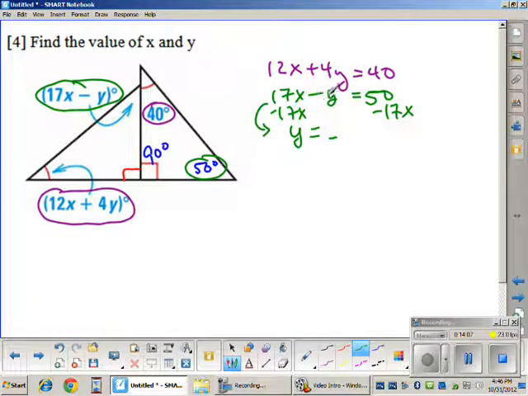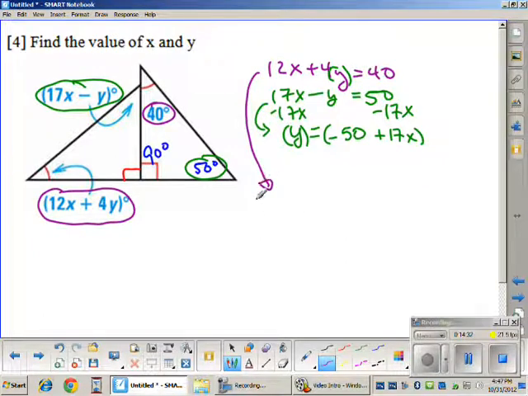If y and the expression -50 plus 17x are the same, hence the equal sign, that means I should be able to write this purple equation with -50 plus 17x in its place. So rewriting here, I'll end up with 12x plus 4 times the quantity -50 plus 17x, and that's going to be equal to 40.